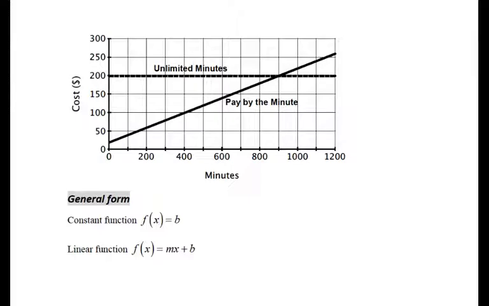Looking now at a graph of both of these, we can see that the unlimited minutes plan, which is the constant function, has a graph that's a horizontal line. That's also true of all constant functions, sorry.